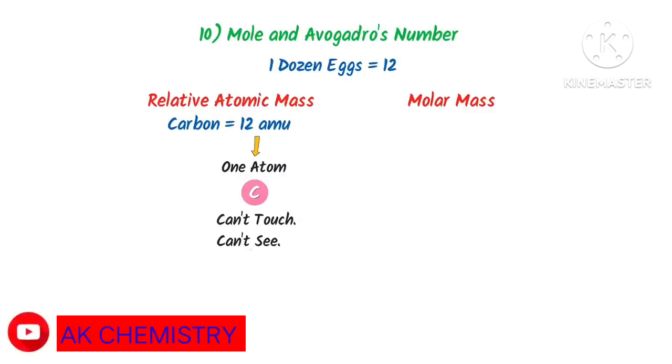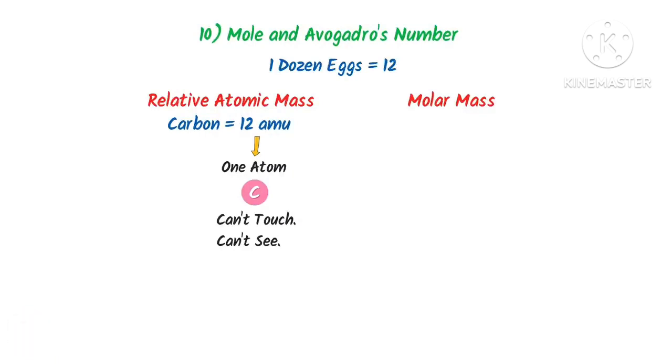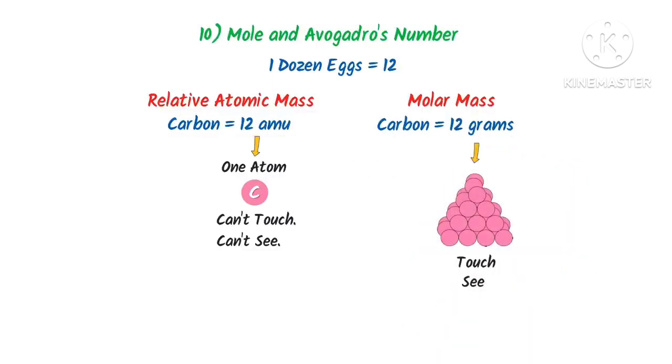To solve this issue, scientists put forward the idea of molar mass. Now instead of 12 AMU, if I take 12 grams of carbon, it is known as a molar mass. Remember that we can touch, we can see, we can do chemistry with the molar mass of carbon.